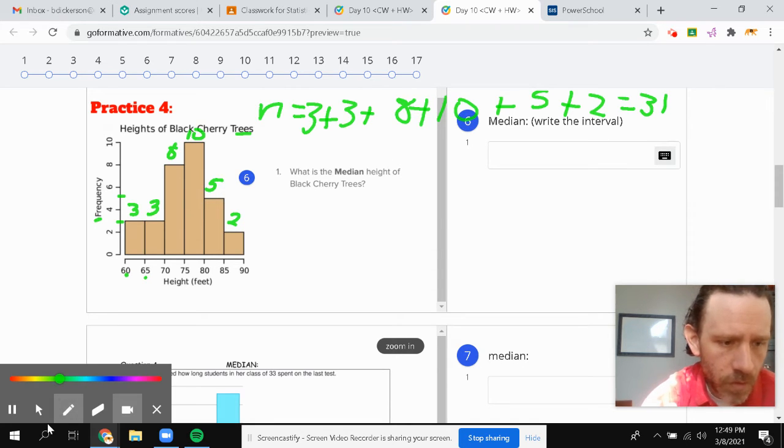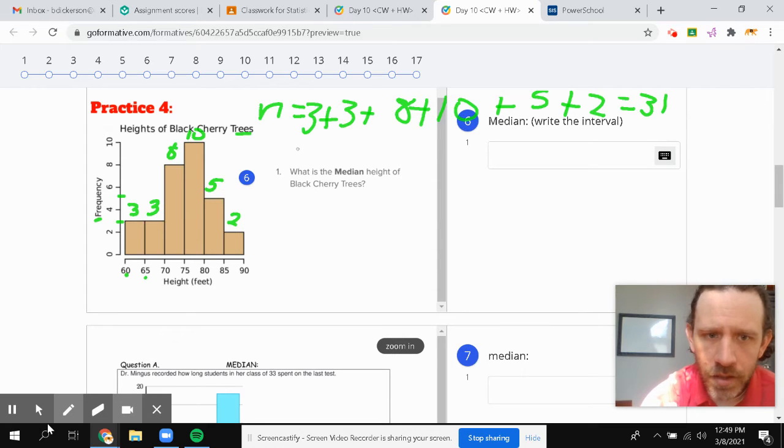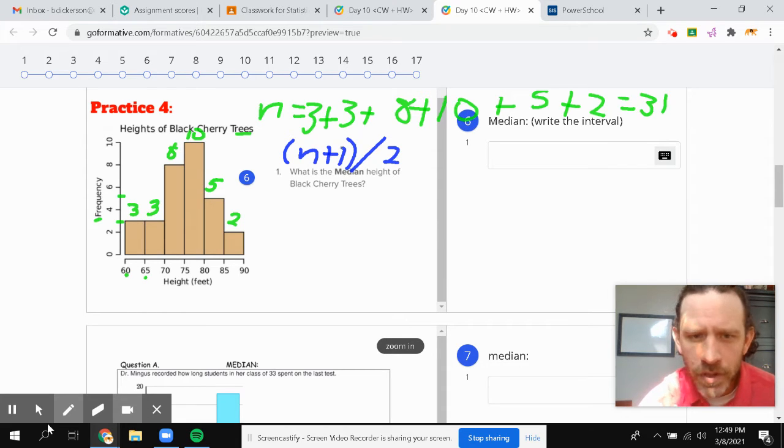We've got our n, it's 31, and now we have to figure out where the middle is. To do that, we have to do n plus 1 over 2. That's like dividing your frequencies in half, but then adding the middle number in there, like an extra 1. So that's why you do the plus 1.